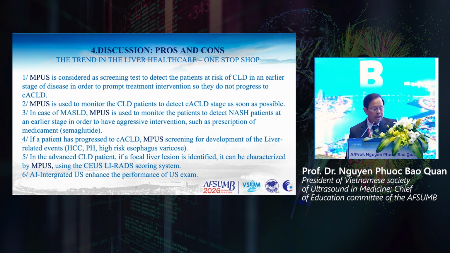Multi-parametric ultrasound is considered a screening test to detect patients at risk of chronic liver disease at an early stage and to prompt treatment intervention so they do not progress to the advanced stage. Multi-parametric ultrasound is used to monitor chronic liver disease.